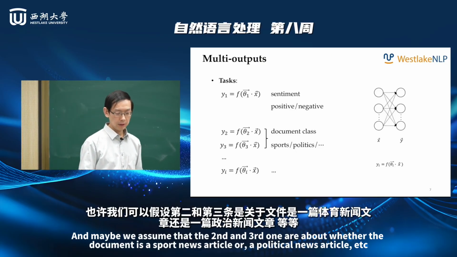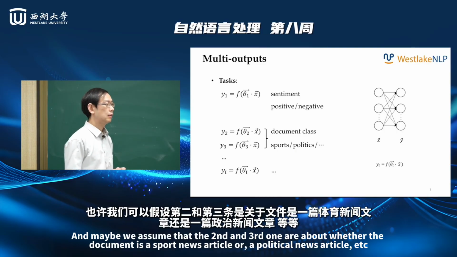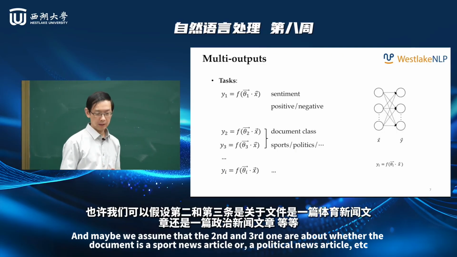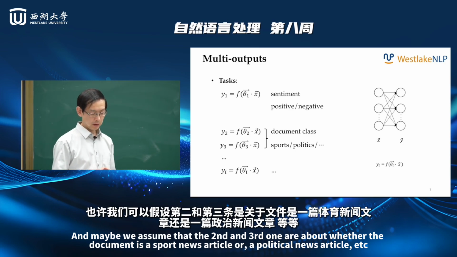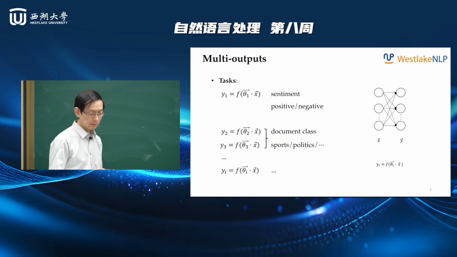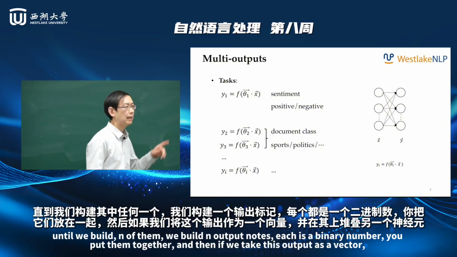And maybe we assume that the second and third one are about whether the document is a sport news article or a political news article, etc. So until we build n of them, so we build n output nodes.